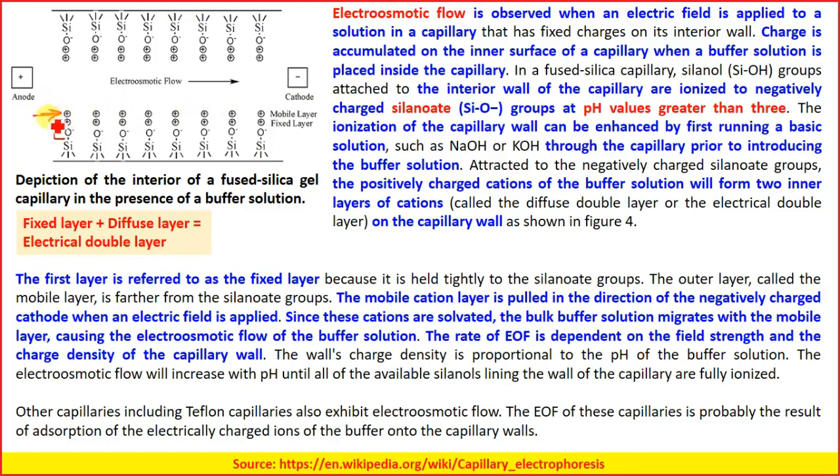So this layer and this layer, the diffuse layers, will be pushed. When they are pushed, the bulk phase will also start moving as a front. So there is an electrophoretic movement of the buffer from the anode to the cathode.